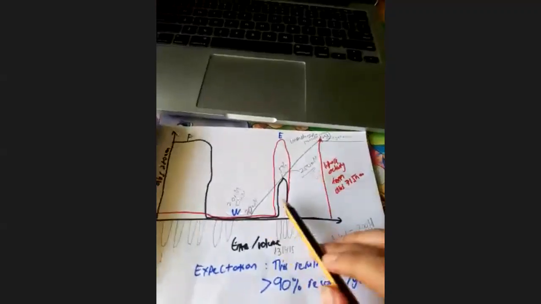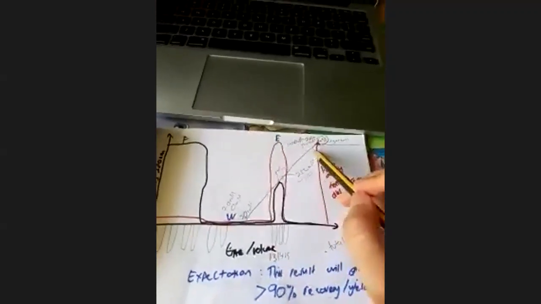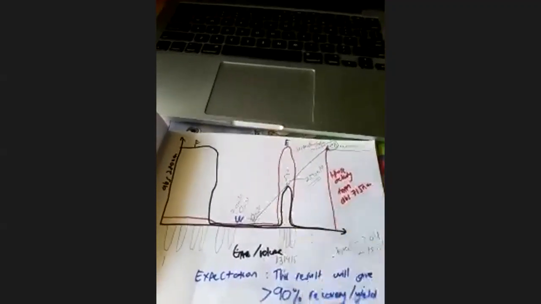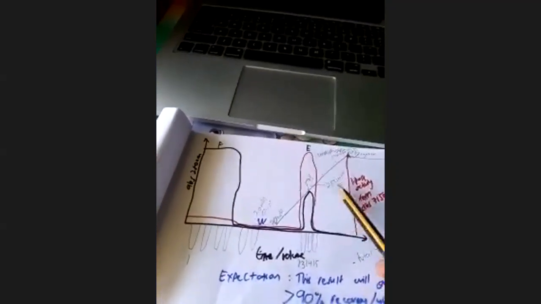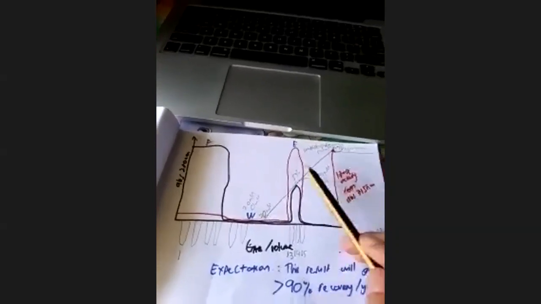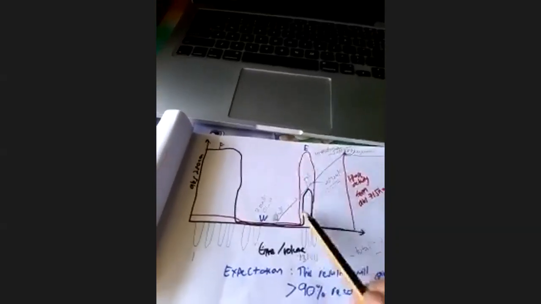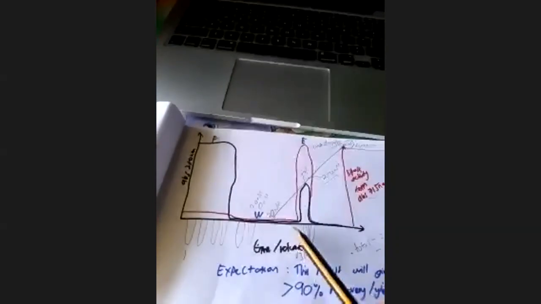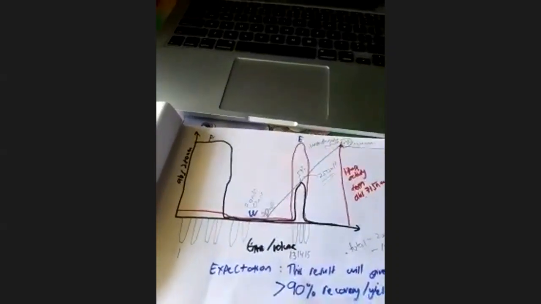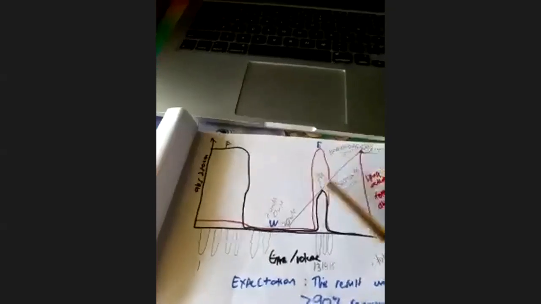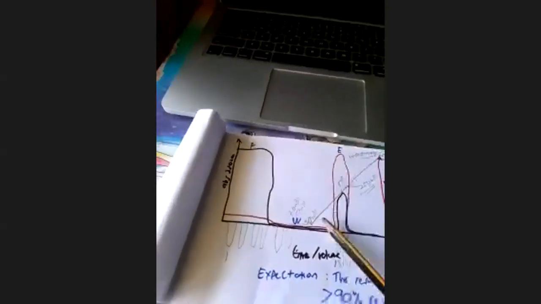So next time, you don't have to prepare that 500 millimolar to elute your protein. You just need to prepare maybe 300 millimolar or even 250 millimolar for the sake of harvesting all your protein that binds to it from here. Okay, we didn't go into this detail, but since you are asking, this is how it looks.